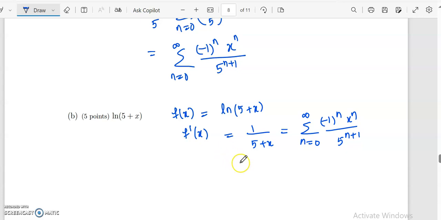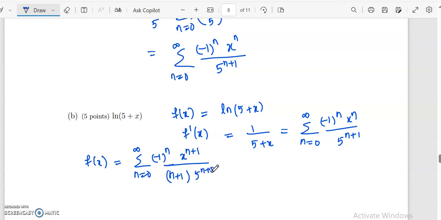And now upon integrating, we'll get f of x equal to summation n equal to 0 to infinity minus 1 whole raised to n x raised to n plus 1 by n plus 1 5 raised to n plus 1 plus c will come, and here f of x will be equal to log 5 plus x.